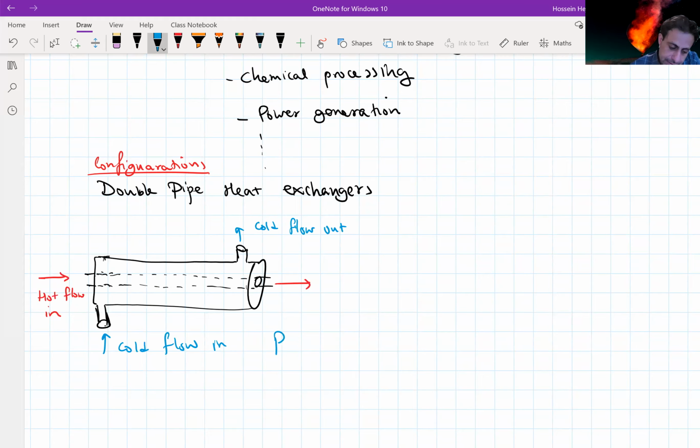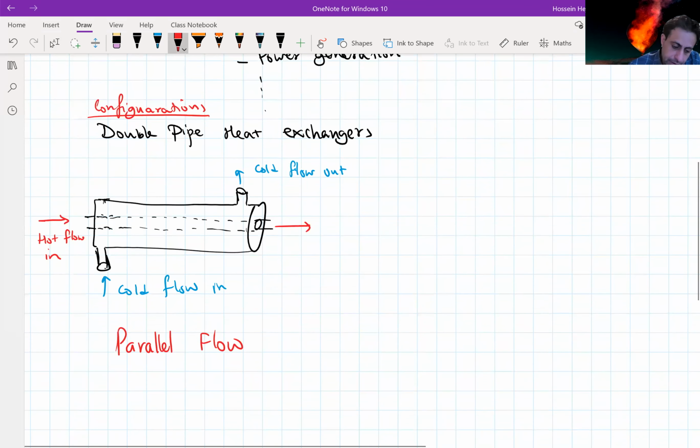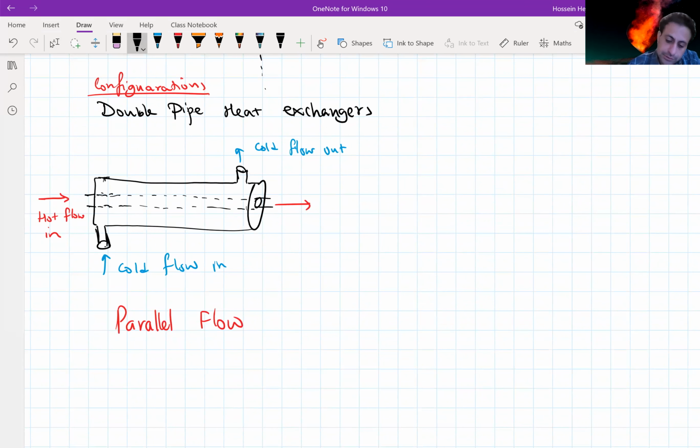So this is what we call it for parallel flow. And for the other one, the flow arrangements could be the opposite.